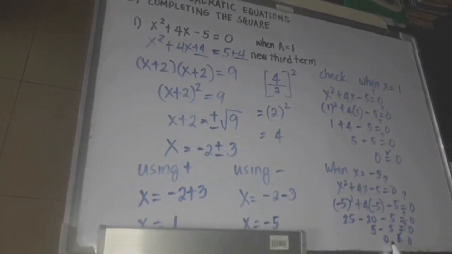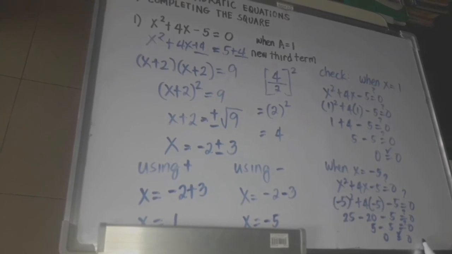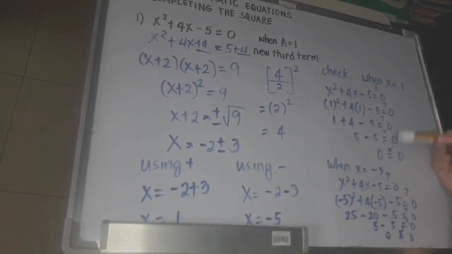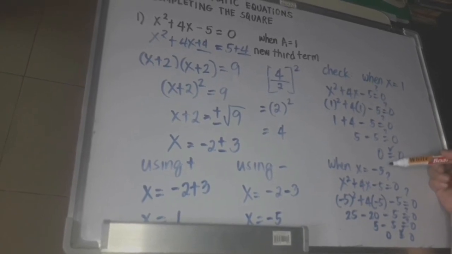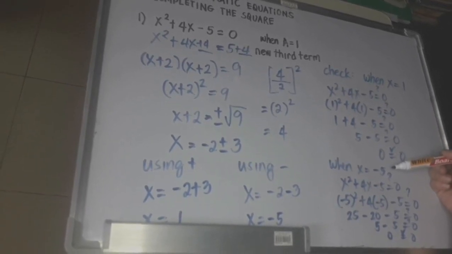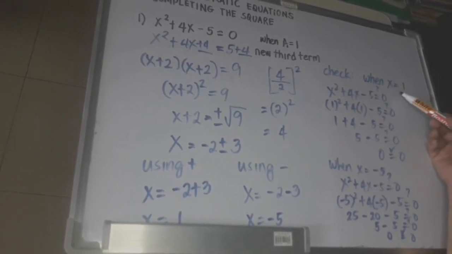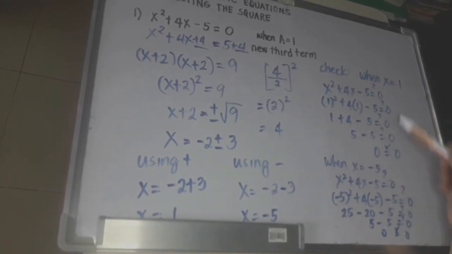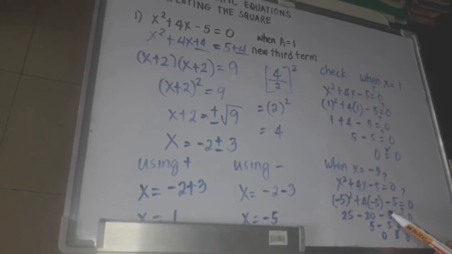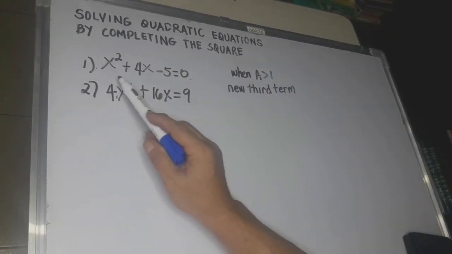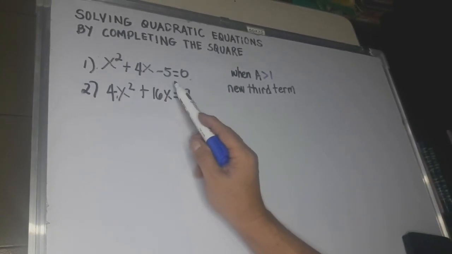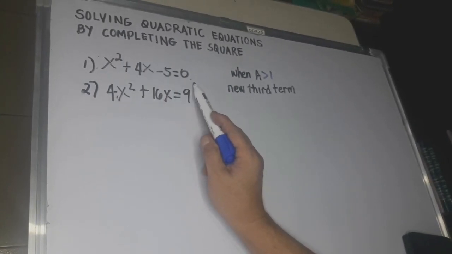The value at the left side equals the value at the right side. In other words, the roots or the solutions of the given quadratic equation are correct because the solutions satisfy the equation. So we are done with the first equation, x squared plus 4x minus 5 equals 0.